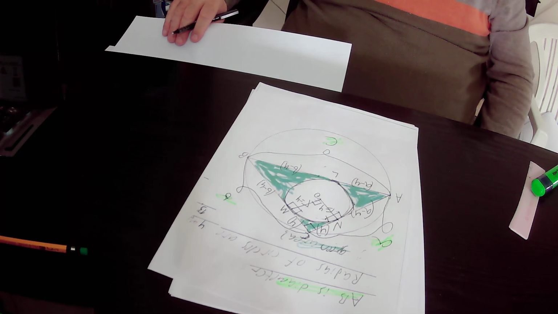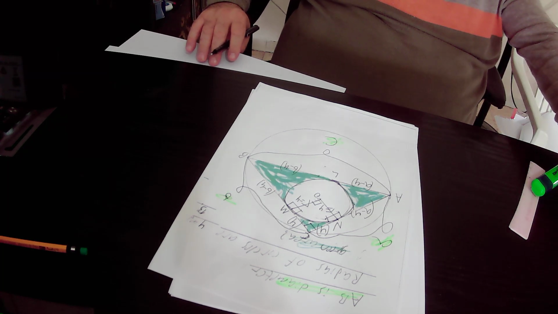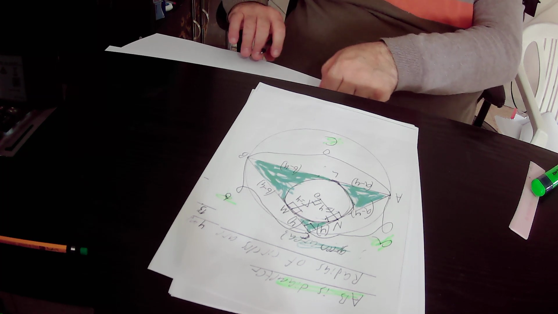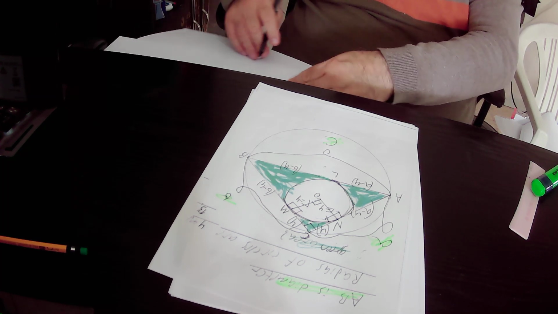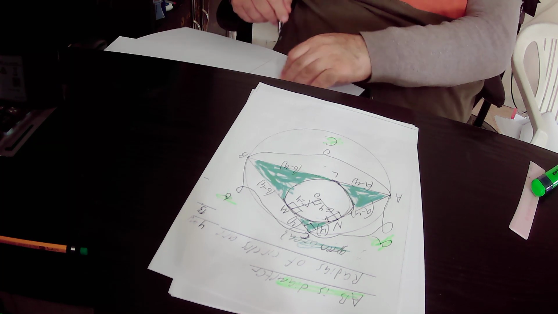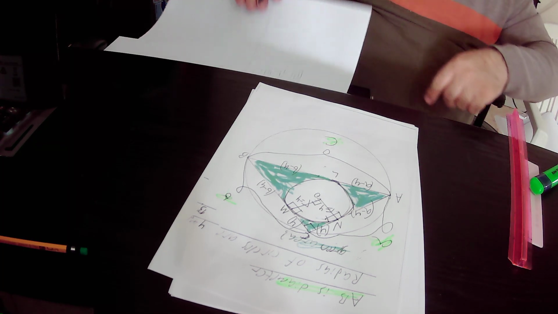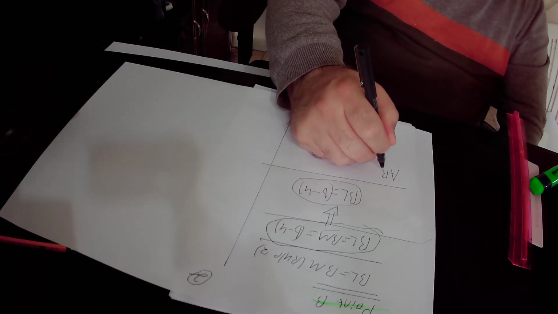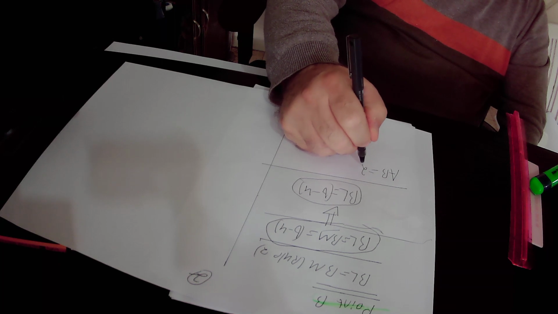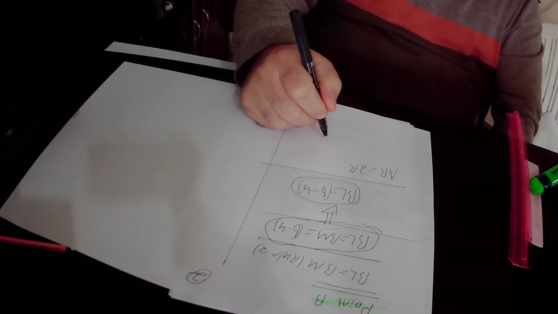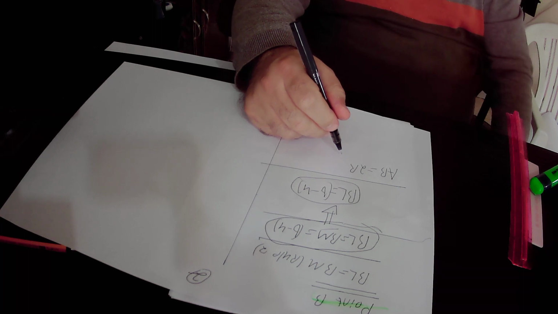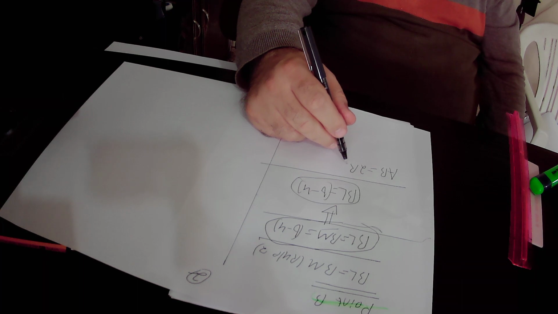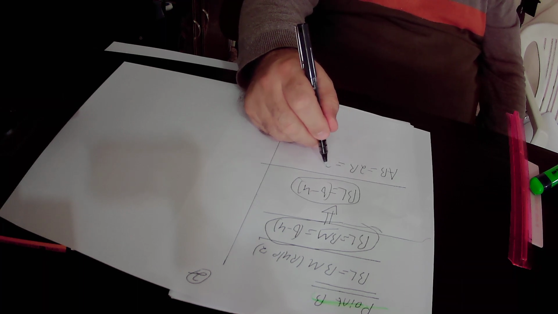And we know that AB is the diameter of the big circle. So AB is a diameter, it's twice as long as the radius. So if the radius of the big circle is capital R, then the diameter AB must be equal to 2 times capital R. But it has been given in the question that the radius of the big circle equals 13 units, so R equals 13 units, therefore 2R is 26 units.